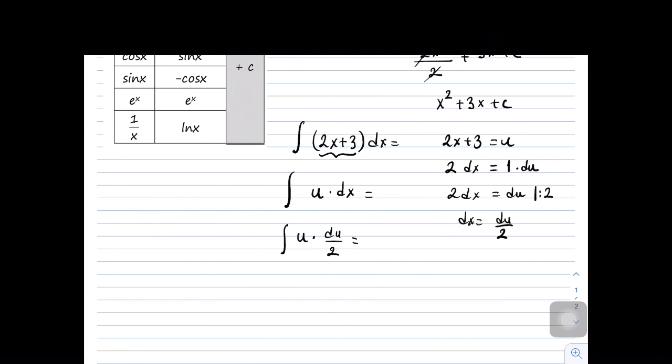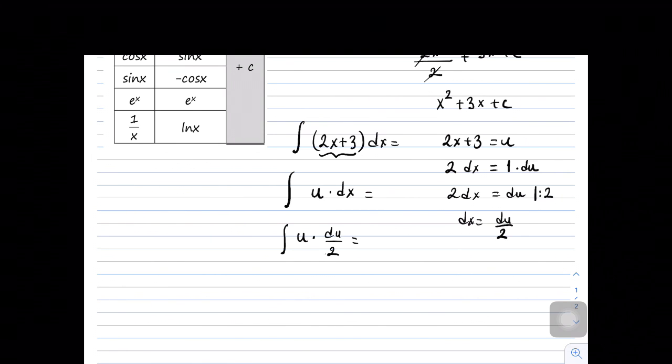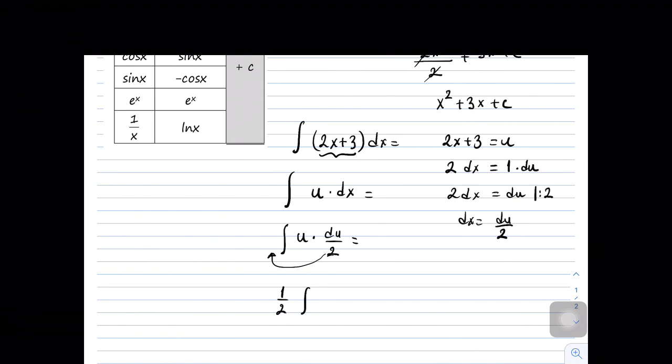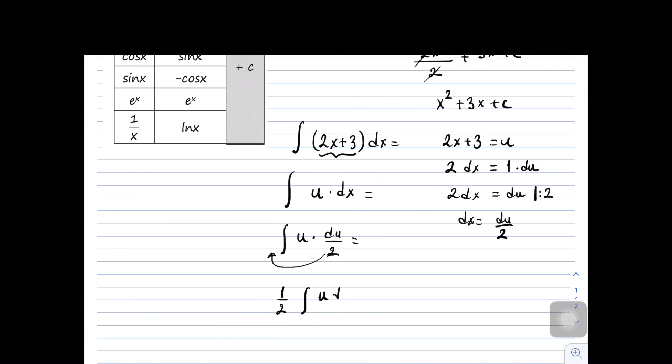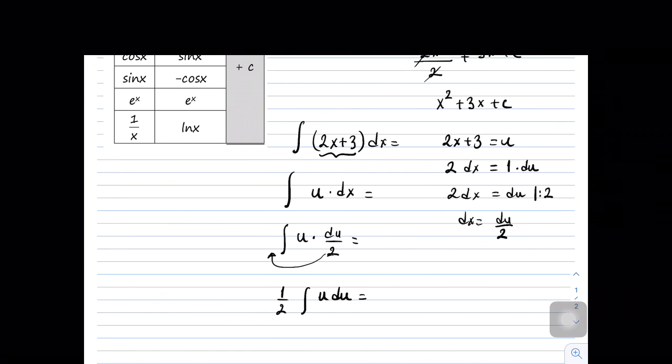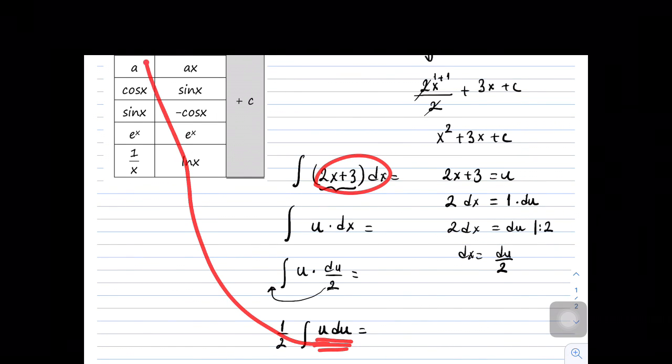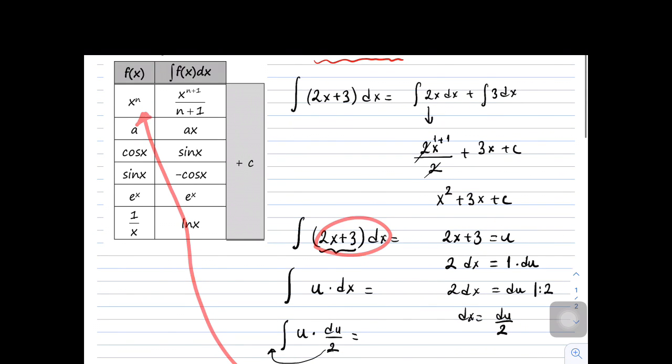You know what? I can take this one out because this is a constant. I'm not dealing with it. Okay, 1 over 2, u du. Now look at it. What I did, I used the substitution method and I come over here. And this one looks like this one over there.